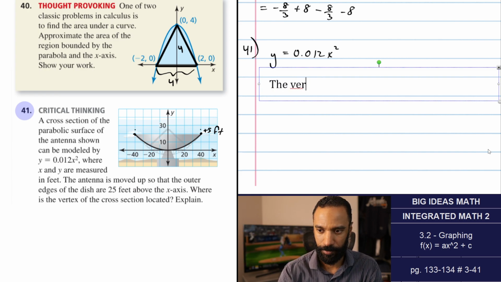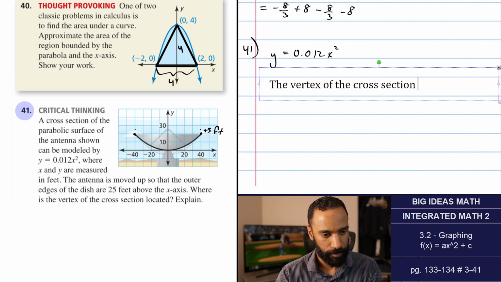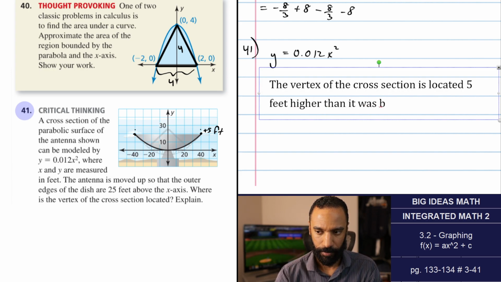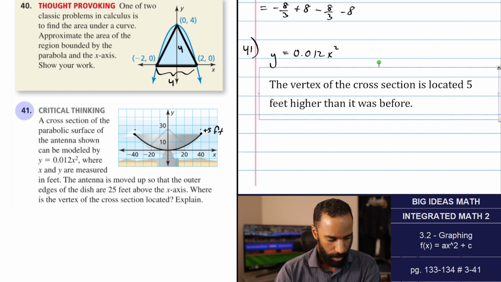The vertex is located 5 feet above the ground? What's the original? It moves up 5 feet higher. They said to explain.